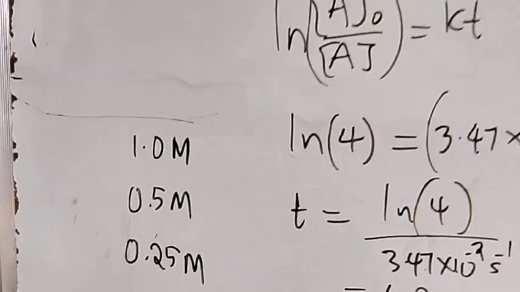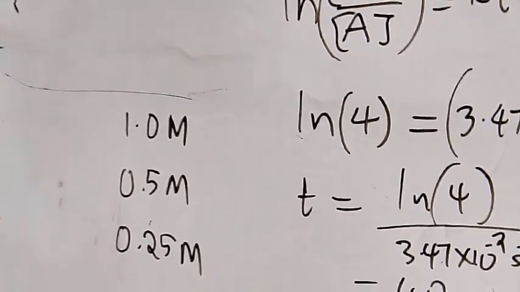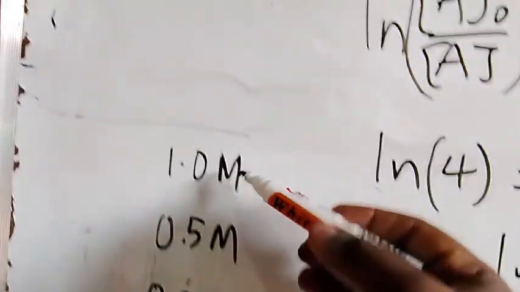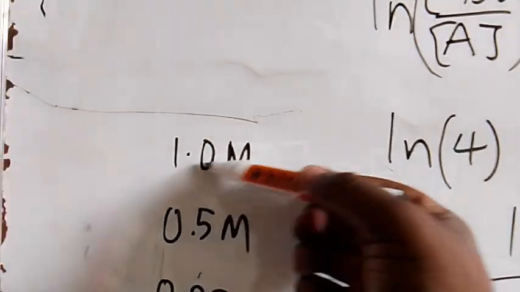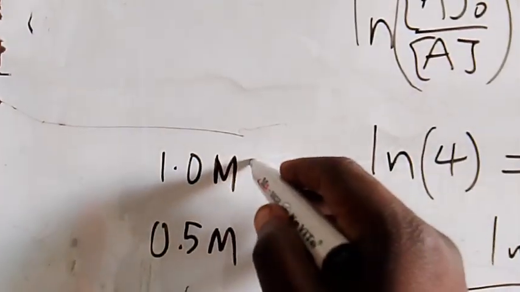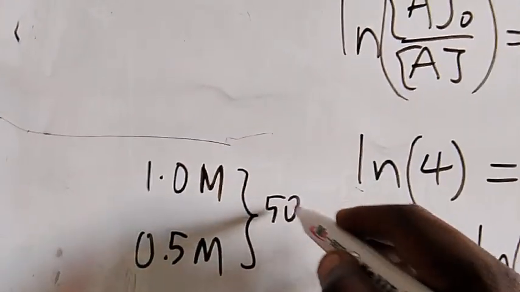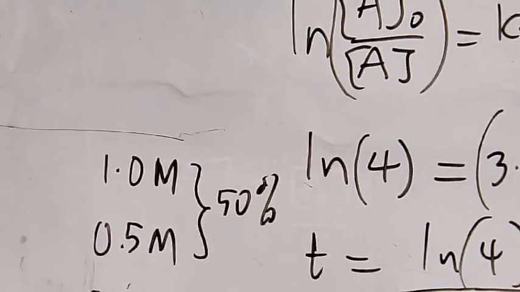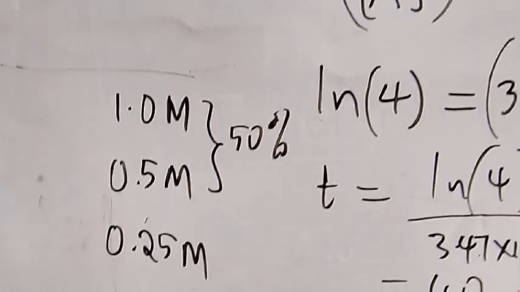The half-life of a first order reaction is constant. From 1.0 to 0.5 means 50% is used up, 50% is gone.